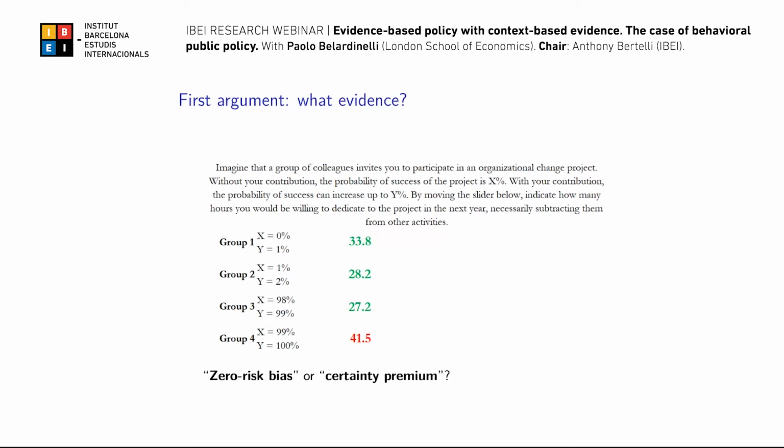From the bounded rationality perspective, you can call it zero risk bias because you might say it doesn't make much sense to put more effort in this project, because in expectation you will have the same increase in the success. So you just increase by 1 project over like 100 projects, regardless of the starting point.